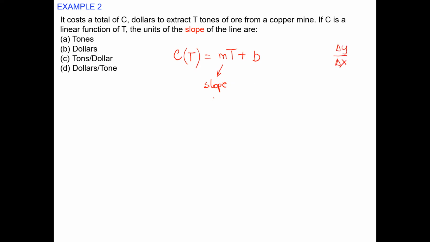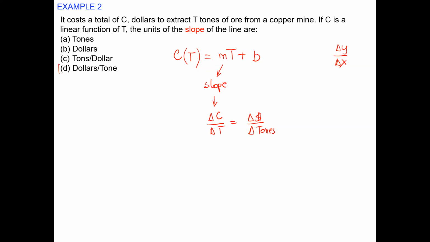That's when we may say that this is the changes in cost over changes in tons. I can say changes in dollars and changes in tons. Okay, we have the answer.